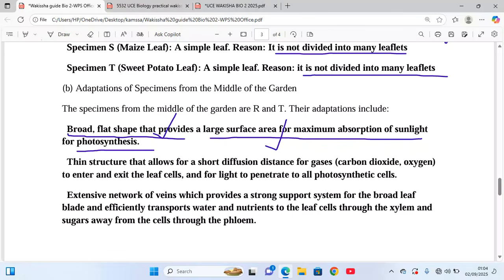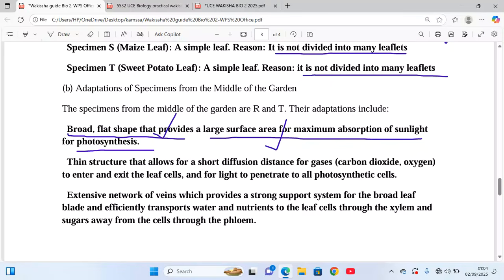In the same manner, they have a thin structure that allows for short diffusion distance of gases, carbon dioxide and oxygen, to enter and exit leaf cells, and for light to penetrate to all photosynthetic cells.